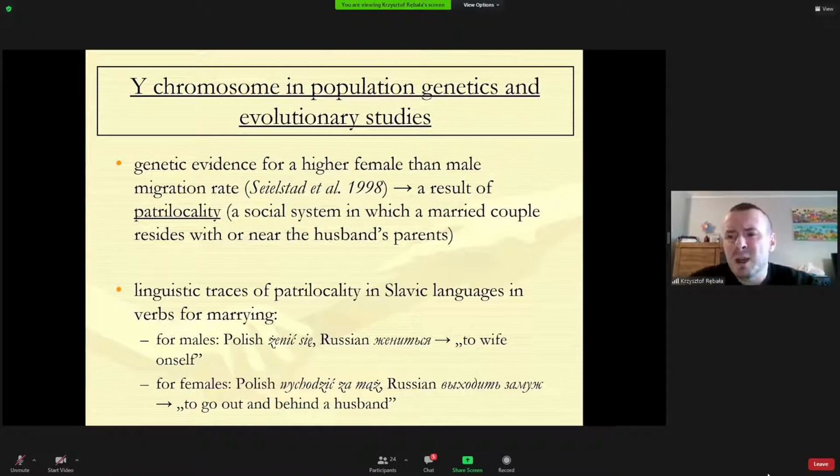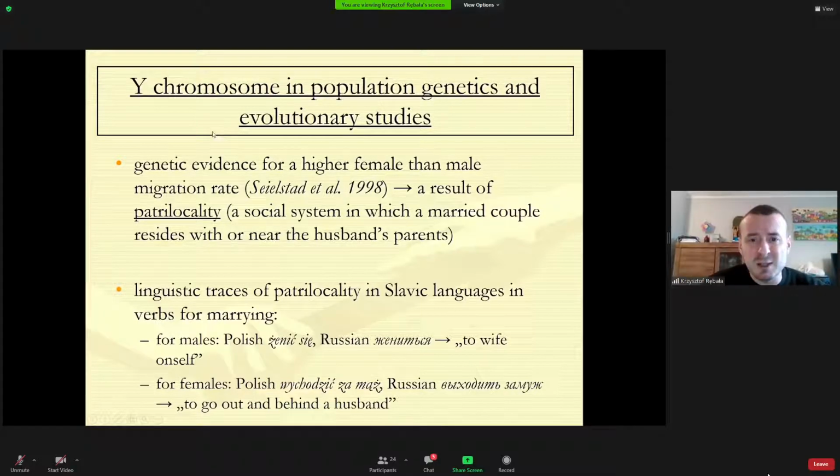Why do humans show so many interpopulation differences in the Y chromosome, but when you look at the mitochondrial DNA, these populations do not differ so much? Actually, the anthropologists suggest that this results from the fact that women were traveling much longer distances than men during the history of our species, and this is strongly supported by genetic studies.